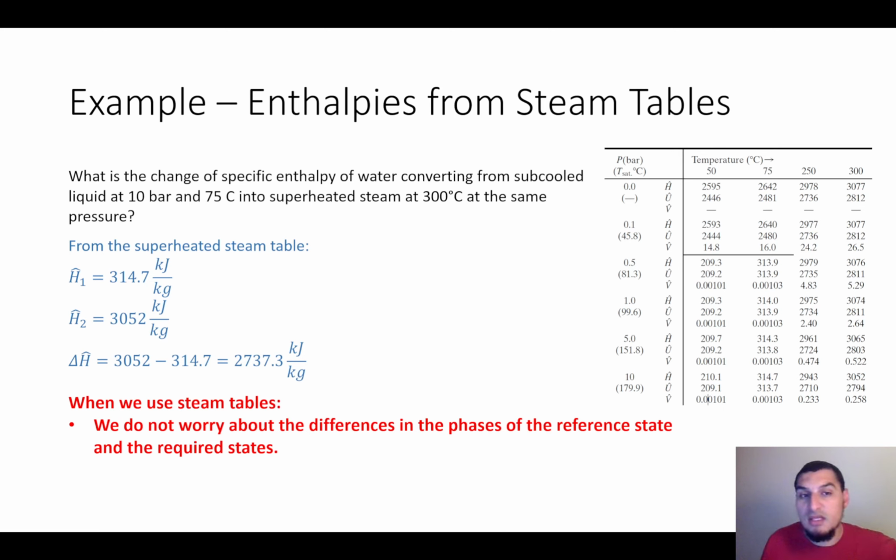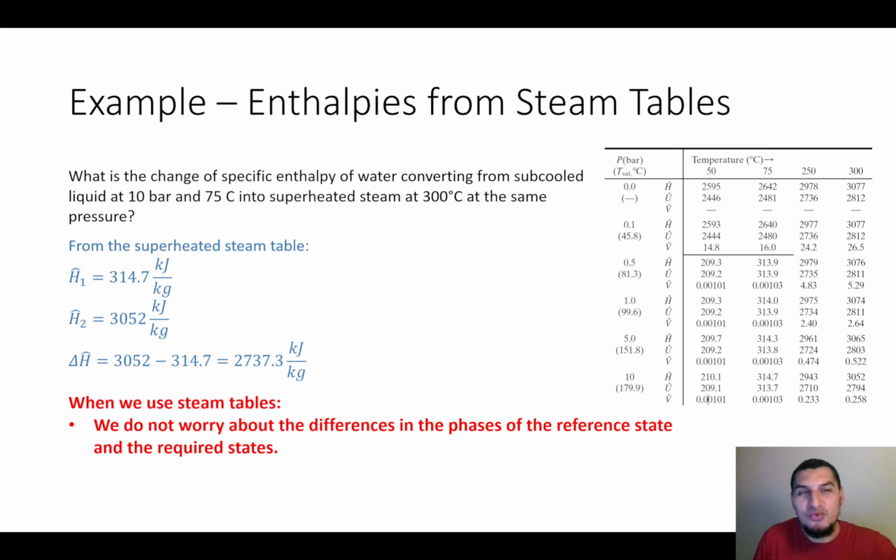The reference state is liquid water. I didn't care if I'm picking up the value of enthalpy of vapor or liquid. I just go to the table, pick the number. It's none of my concern. You might be surprised why I raised this point. I'm raising this because it's going to be a point of concern later.